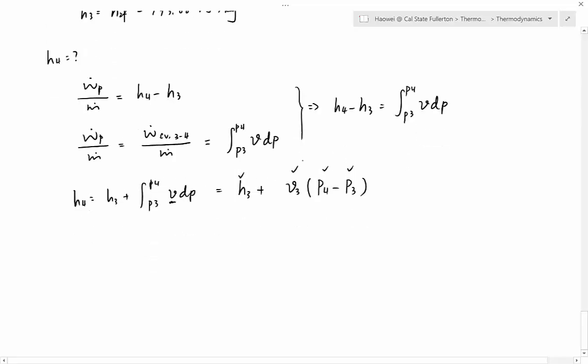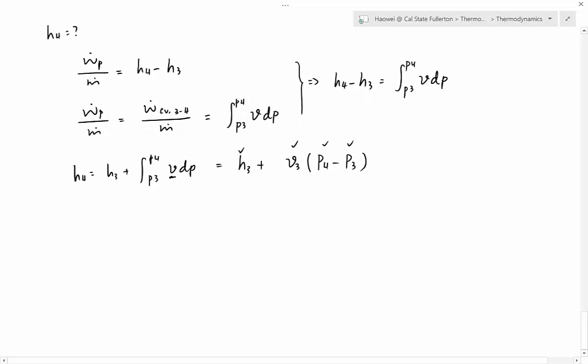Now we have everything. When you're plugging all those numbers, make sure you do one thing. What is that? Convert everything to SI unit. Okay, so we're plugging H3, and then nu 3, P4. What is P4?